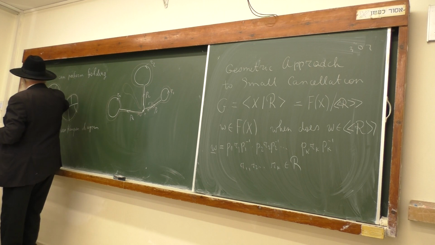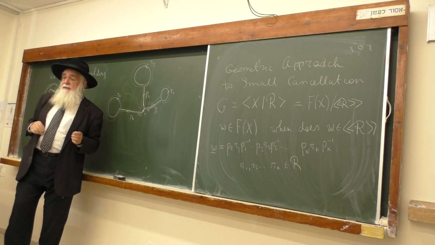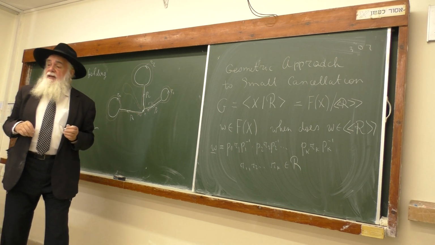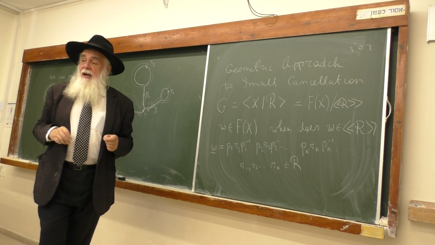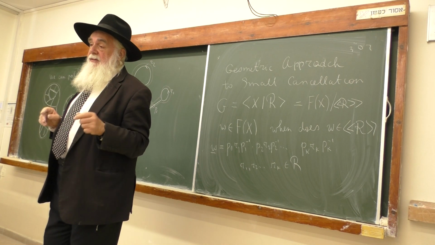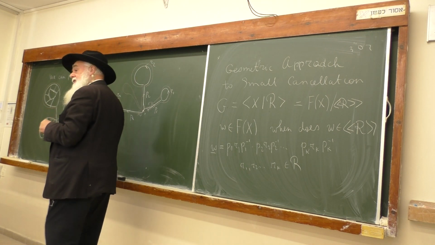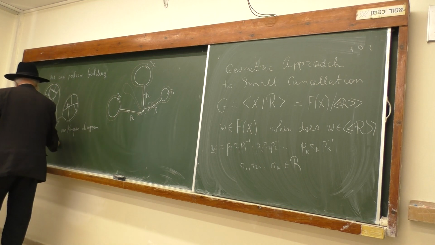Here the measure of all this is 1, and a common part is not bigger than epsilon. It means that every inner region must have many neighbors. This is a geometric meaning of the small cancellation.